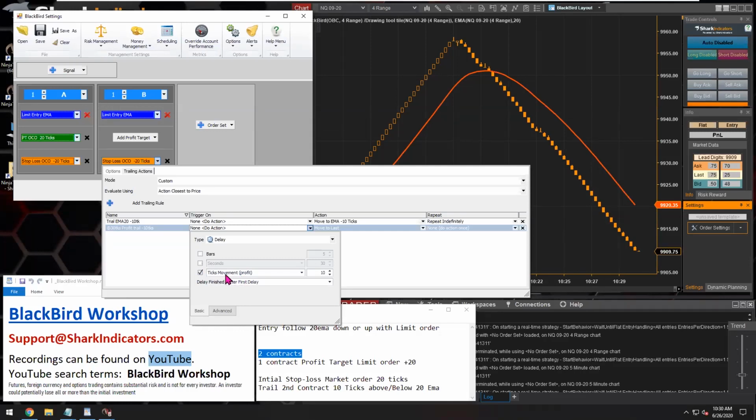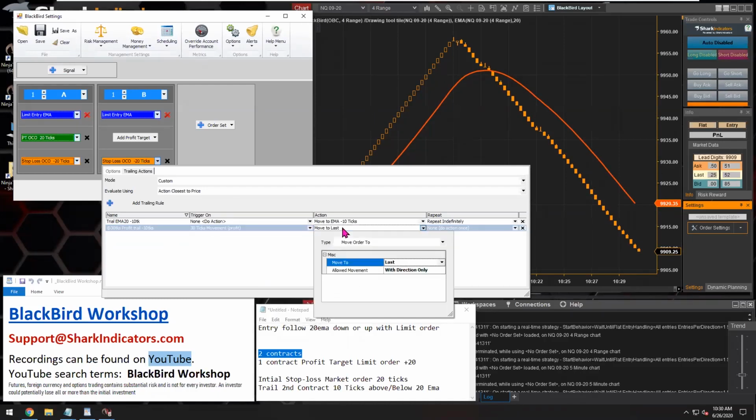So basically, when the market moves in a profitable direction, we can put 30 ticks in there. That is basically our trigger condition. We're delaying this trailing rule and waiting for 30 ticks of profit, and then that is when we will trail by 10 ticks.